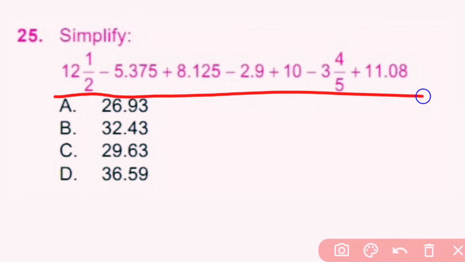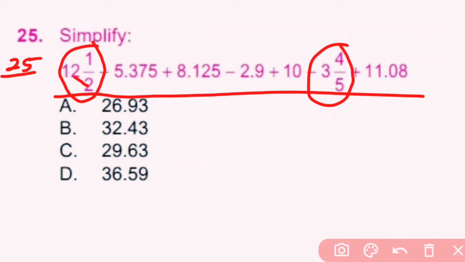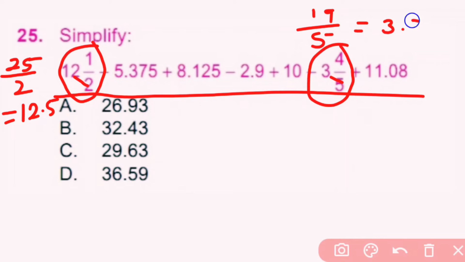Question number 25. Simplify this. Here we first convert this into decimal. 12 into 2 is 24 plus 1 is 25. 25 by 2 is equal to 12.5. And here 3 into 5 is 15 and 15 plus 4 is 19. 19 by 5 in decimal is 3.8. Now we take all the plus signs together.